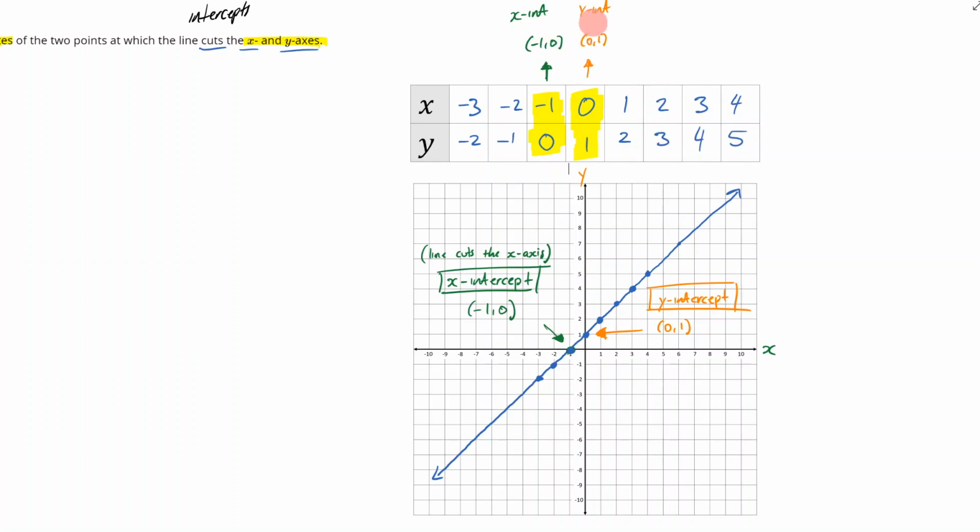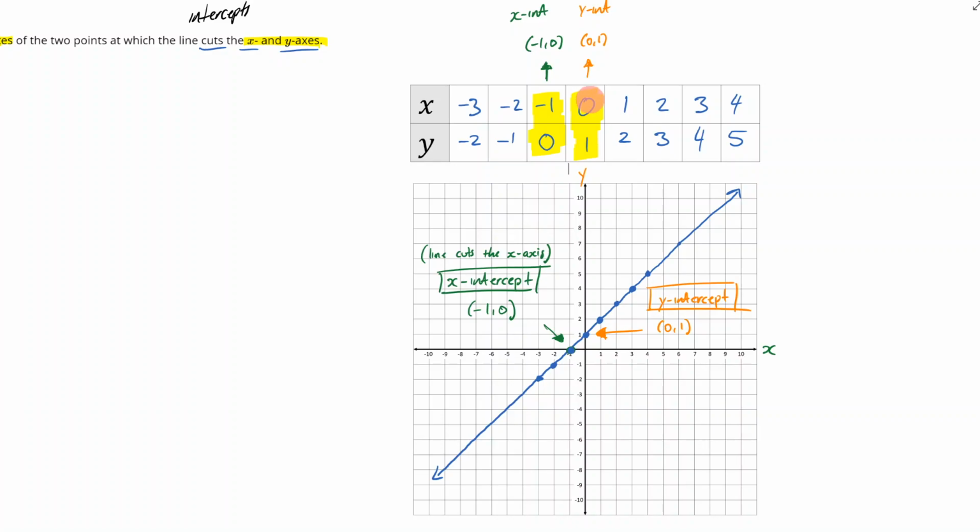But for my x and y-intercept, one of those coordinates is going to be 0. And this is true for every x-intercept: my x-intercept always occurs when my y is equal to 0. And my y-intercept always occurs when my x is equal to 0. Always and forever.